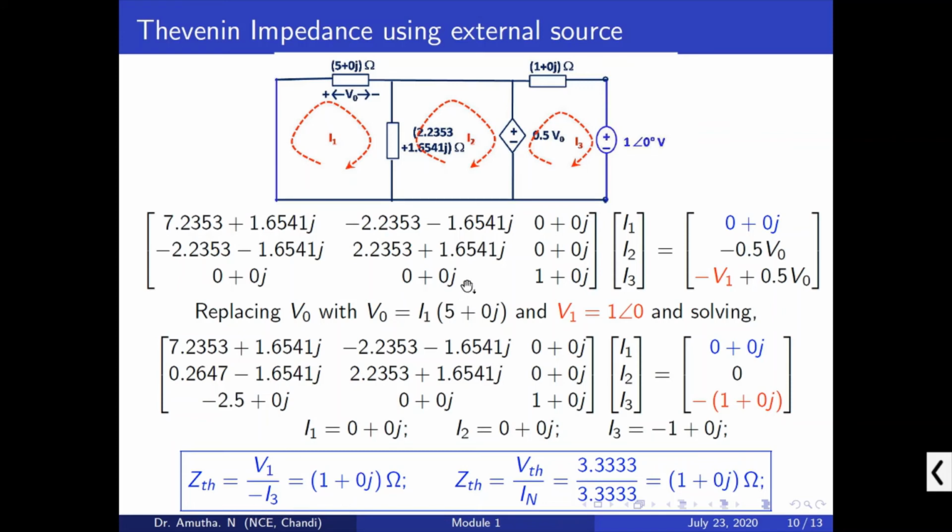It is considered as minus, as I told already, because the current is going inside this voltage source. That's why it is minus. When we apply V1 by I3, we got this 1 plus 0j, which is similar to the earlier version also. Thus, in two ways we can find the Z Thevenin.